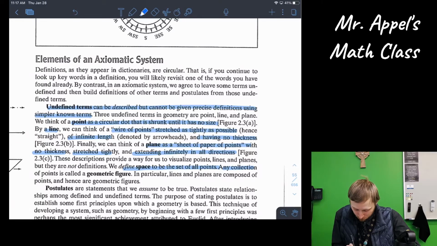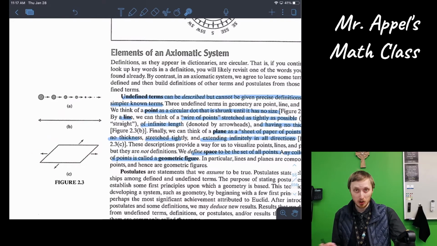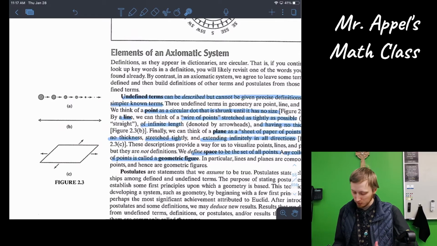Any collection of points is called a geometric figure. In particular, lines and planes are composed of points and hence are geometric figures. See, we have there, we've taken a dot down as small as possible to achieve the true point, a line extending in both directions, and a plane extending in all directions within the bounds of 2 dimensions.